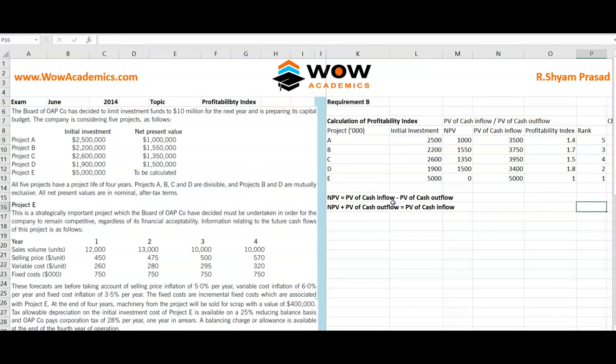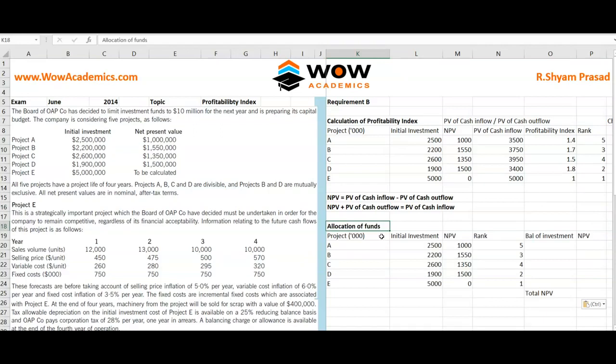So next we have to create another table. The next table is allocation of funds. So the table works like this. We have the projects here, and we have the initial investment here, and their respective NPVs and their ranks. So this table is like brought from the previous table. We are having two more columns here. One is the balance of investment.